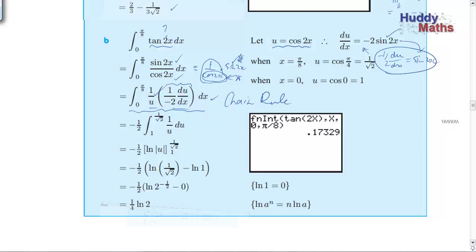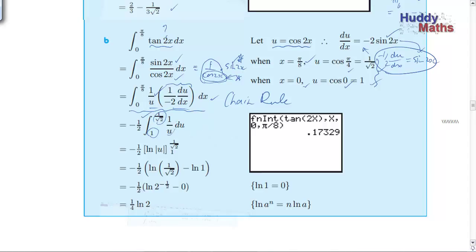So you can take neg a half out the front, that's a constant rule, and then we've got to change the limits here. So this is what they've done up here. Substitute pi on 8, the upper limit: cos of 2x is cos of 2 times pi on 8, which is 1 on root 2, and put in 0, that's cos of 2 times 0, which is 1. And then go through in u land.